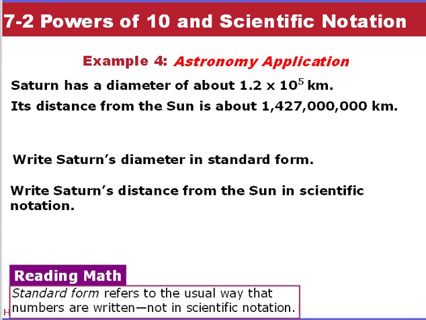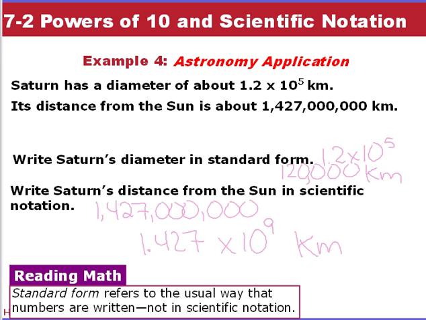In this example, Saturn has a diameter of 1.2 times 10 to the 5th kilometers. Its distance from the sun is about 1,427,000,000 kilometers. Write Saturn's diameter in standard form. Standard form refers to the usual way that numbers are written, not in scientific notation.